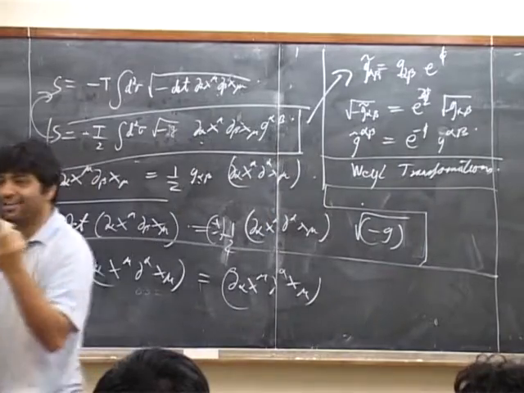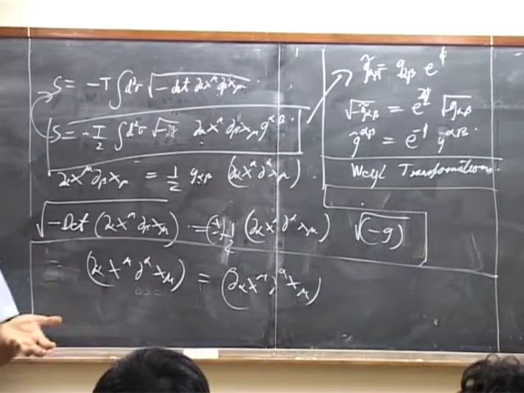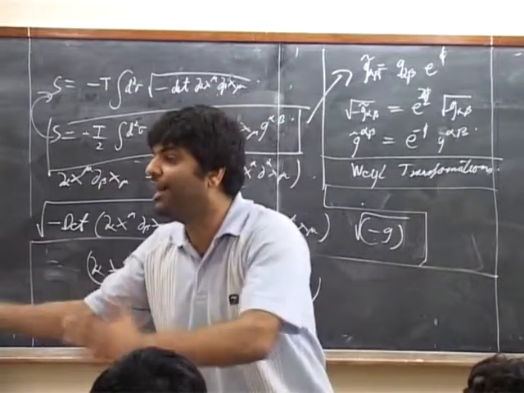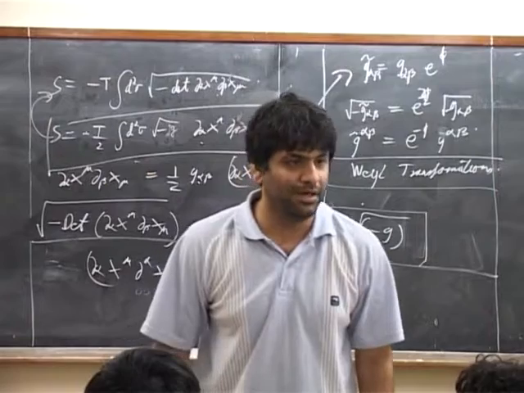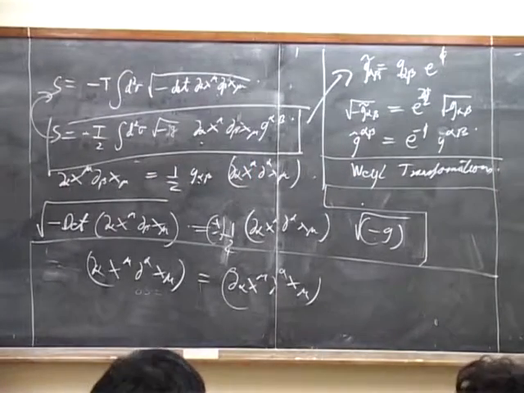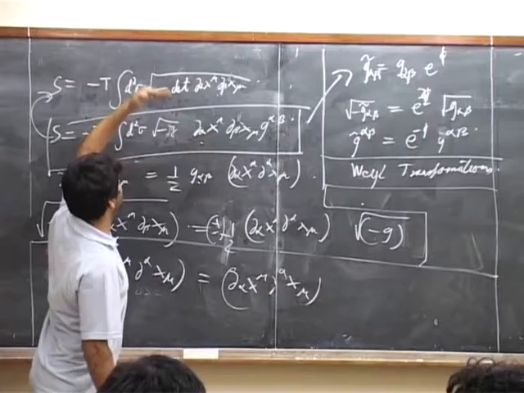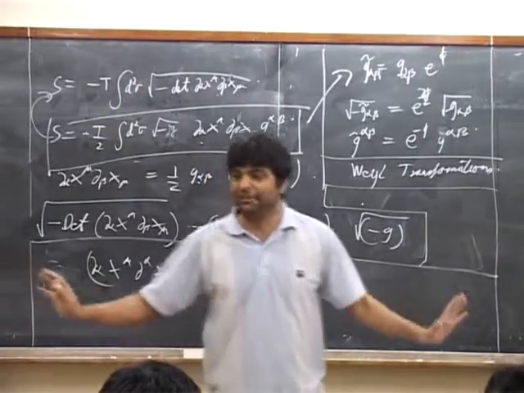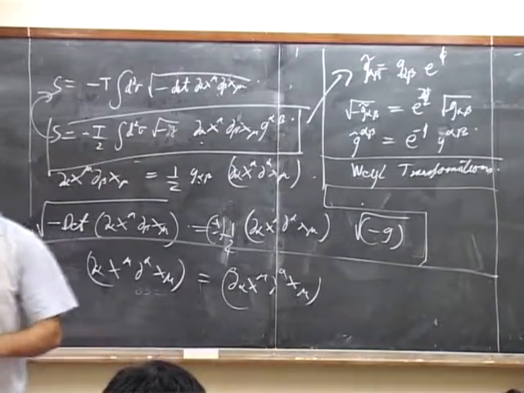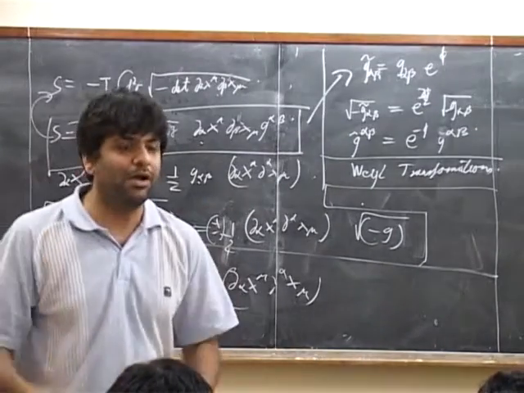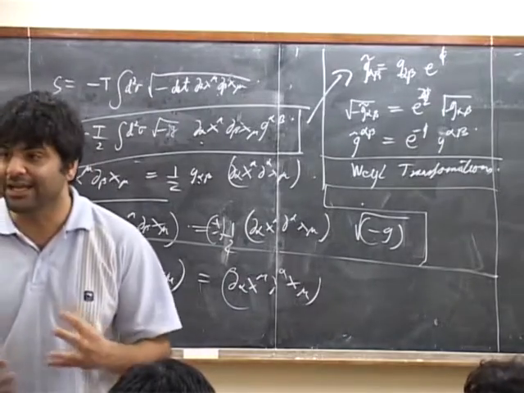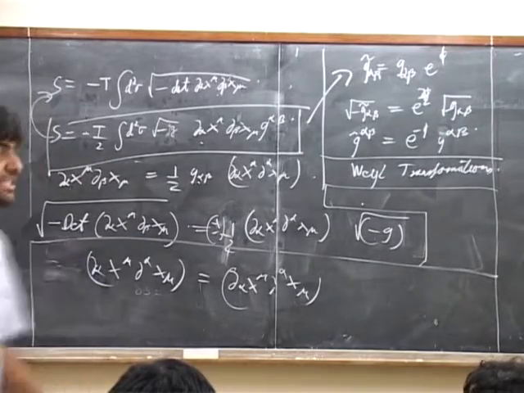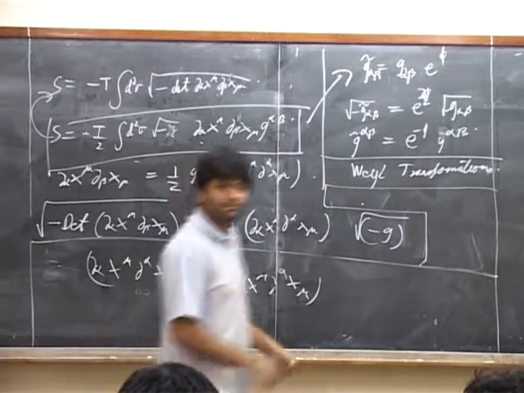Two solutions should be regarded as the same physical solution if they differ by either reparametrization invariance or by Weyl rescaling. It is with this understanding that this action is the same as this action, as a classical dynamical system. Is this clear? It is this understanding that we're going to keep in mind in order to make a quantum theory, starting with the second action, which is a much easier job. Any questions or comments before we proceed?